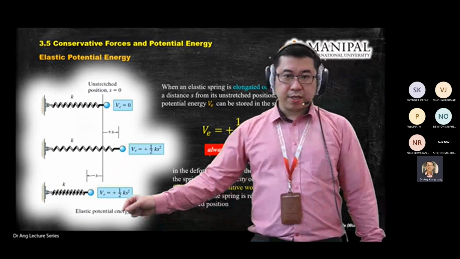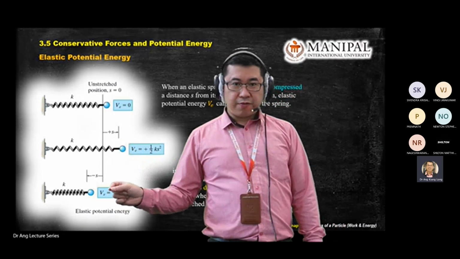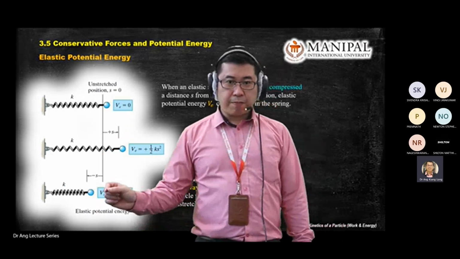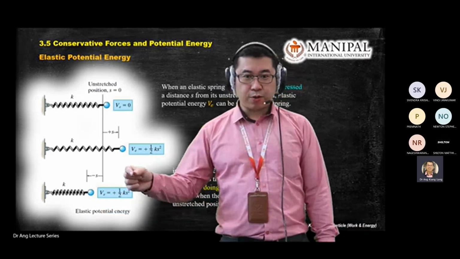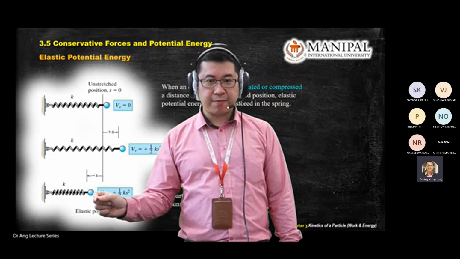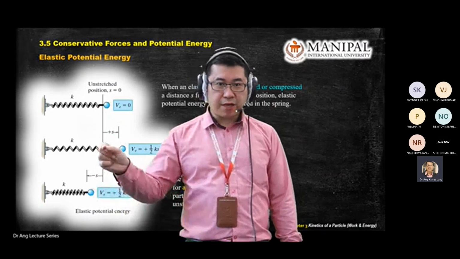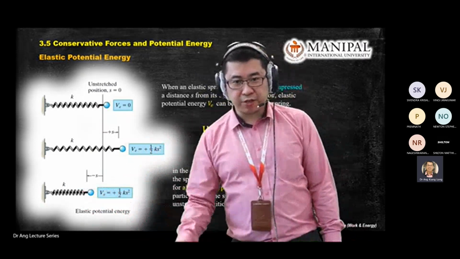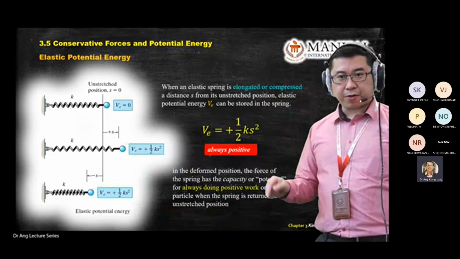So in this case, for a spring, although there is a datum line for the spring, if you compress it, you also charge up the spring. Okay, you supply energy to the spring. You charge up the internal energy. You charge up the elastic potential energy of the spring. No matter whether you pull or compress, both give you positive energy. That's why I put a remark in the red box here.